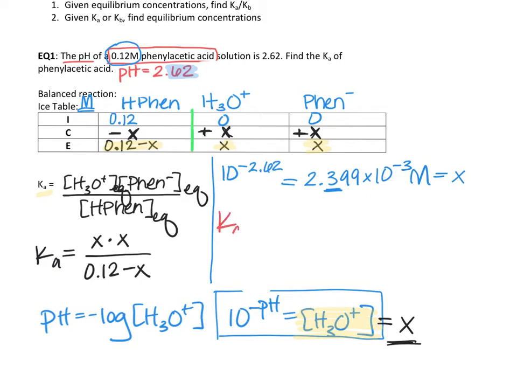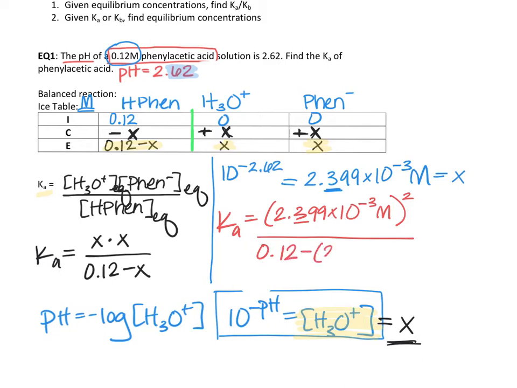So Ka is equal to 2.399 times 10 to the negative 3 molar squared all over 0.12 minus X, which is 2.399 times 10 to the negative 3. All right, I'm going to plug that in.